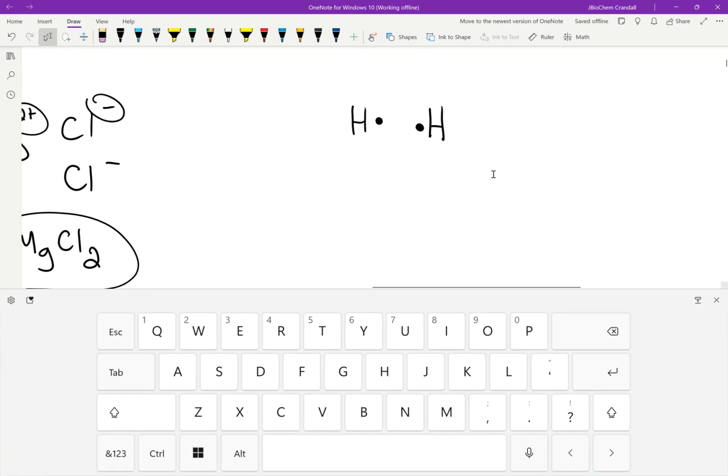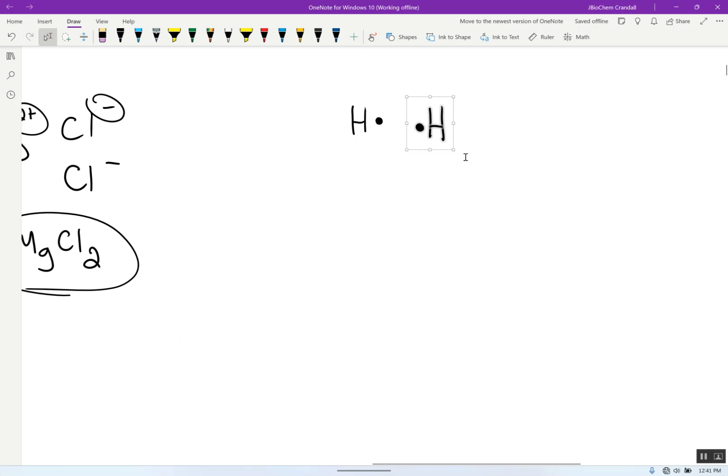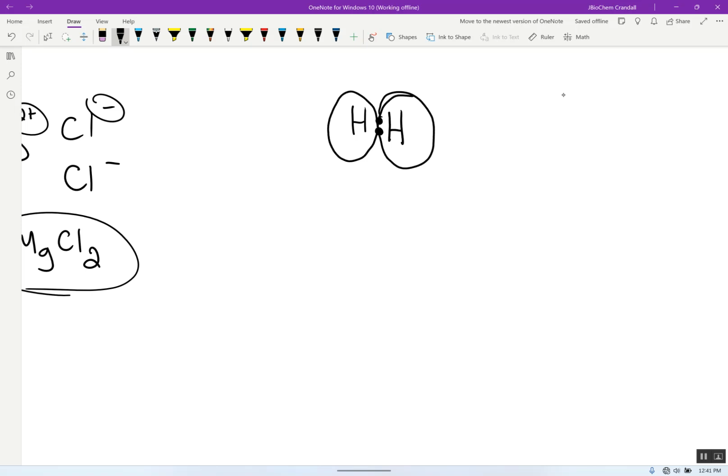So these guys are going to share their electron. So now these electrons are going to orbit this hydrogen, and they're going to orbit this hydrogen. And we call that a covalent bond.